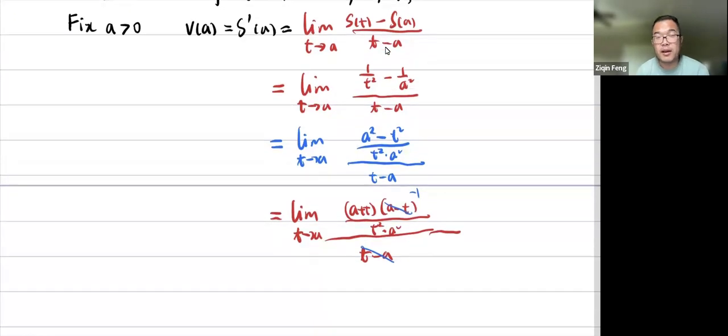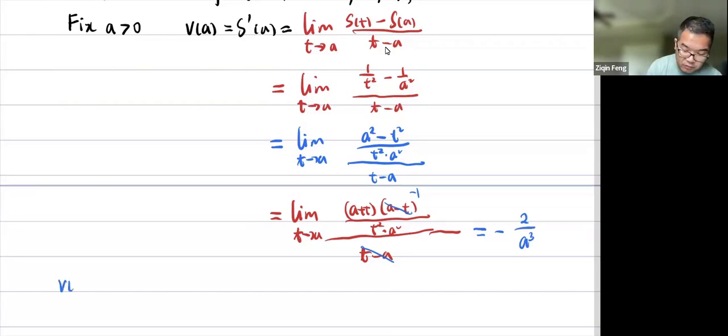Now you can plug in a. The answer is negative a plus t, which is 2a, over a to the fourth, so you get negative 2 over a cubed.